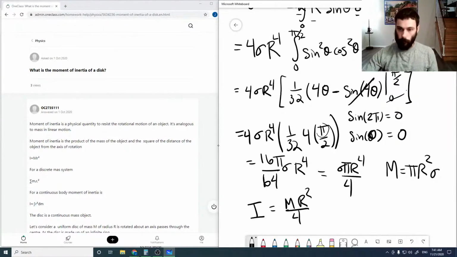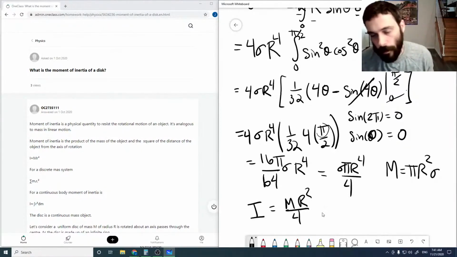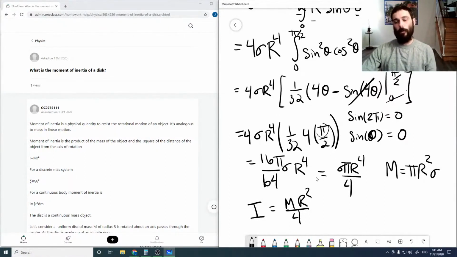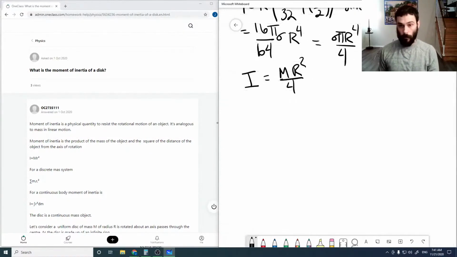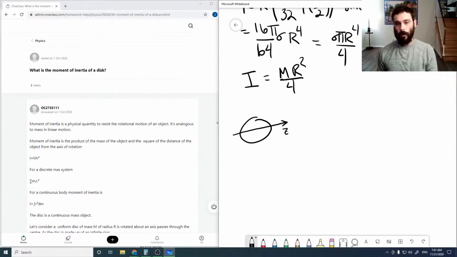And so in this case, this is the moment of inertia for a disk rotating about a moment arm that lies through its center. So just to wrap things up, right? So we had a disk with the moment arm running through the middle and along one of the diameters of the disk, and the I was M R squared over 4.